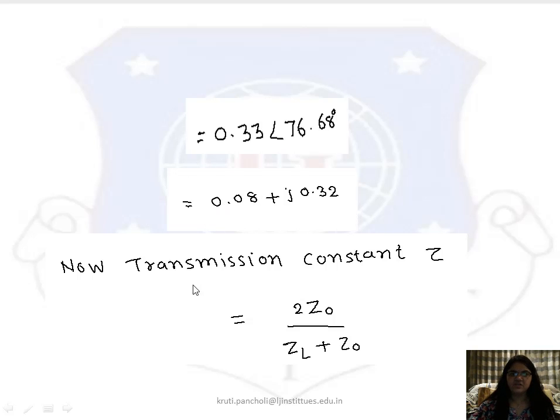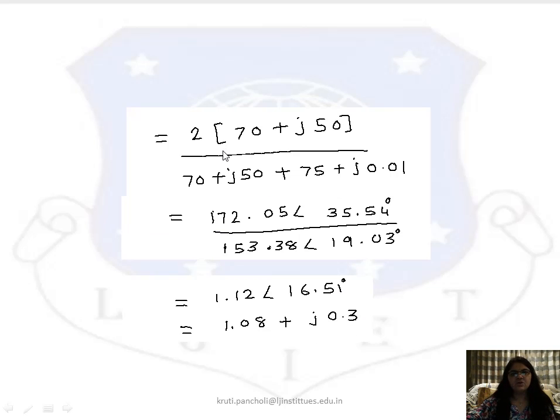Now the transmission coefficient tau is equal to 2Z0 upon ZL plus Z0. Putting the values of Z0 and ZL, here it is 2 times 70 plus j50, upon 70 plus j50 plus 75 plus j0.01. Converting from rectangular to polar, we can have this answer.